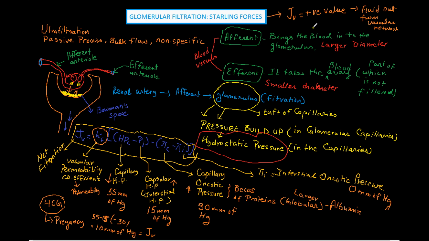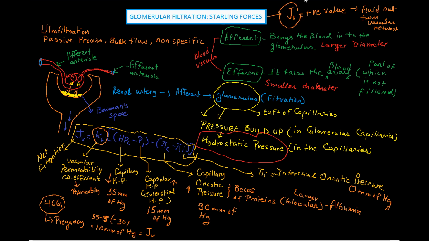So what does it mean? If J sub V is positive, that means there is filtration. Because of this imbalance of forces, if the net force is positive, then it's filtration, and if it is negative, then it is absorption. That's another important thing to know about the Starling forces.